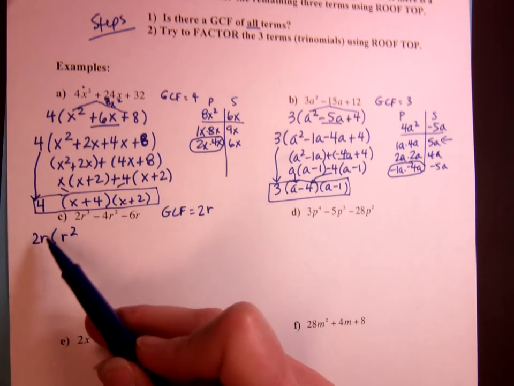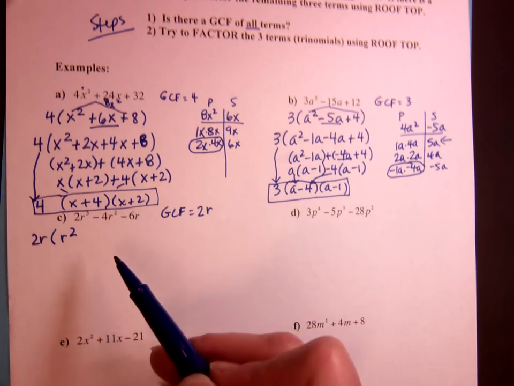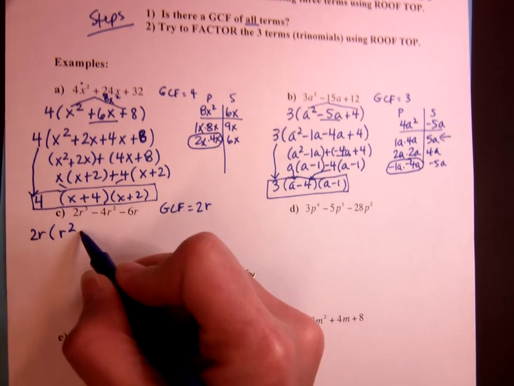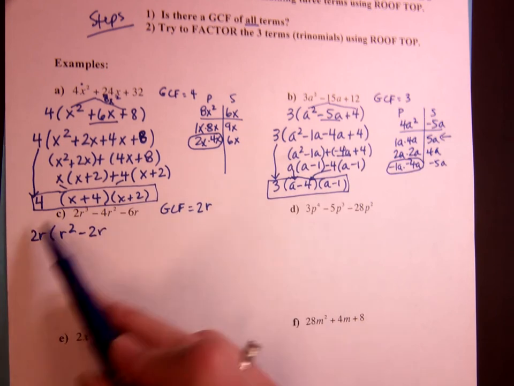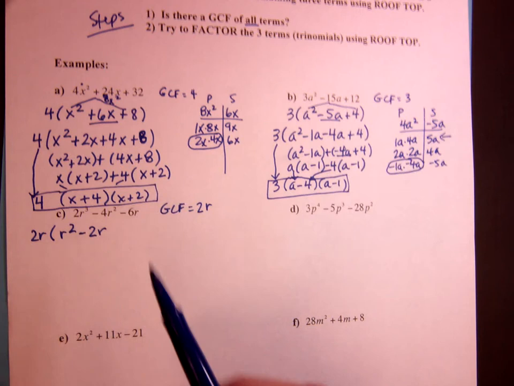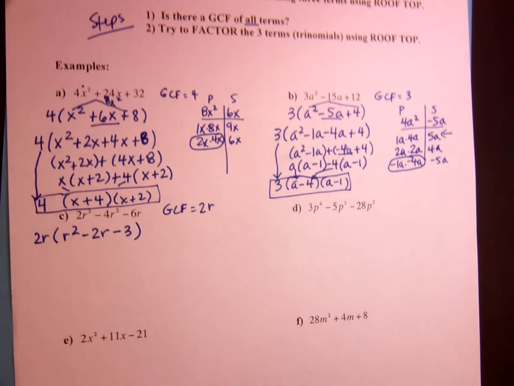Then 2r times what will give me negative 4r squared? You should be saying negative 2r. 2r times what is negative 6r? Negative 3. Okay, now it's time to rooftop what's inside.